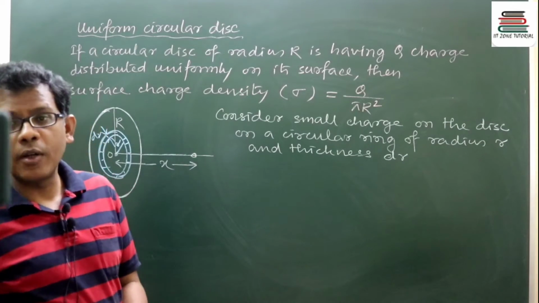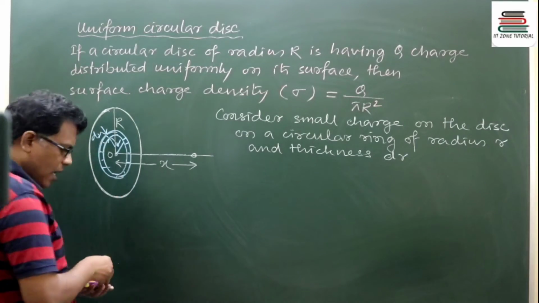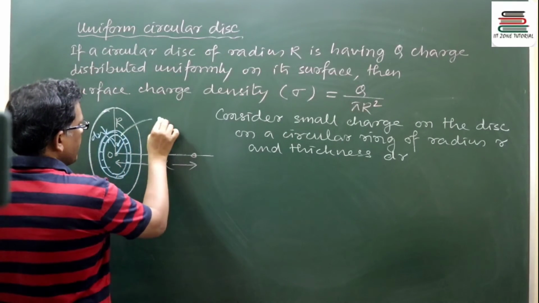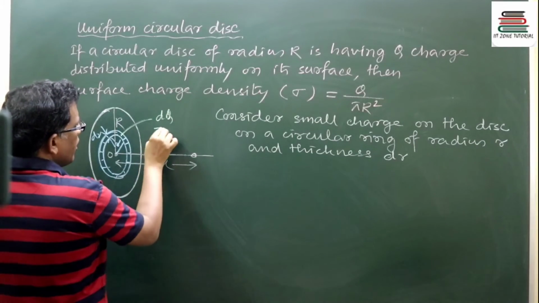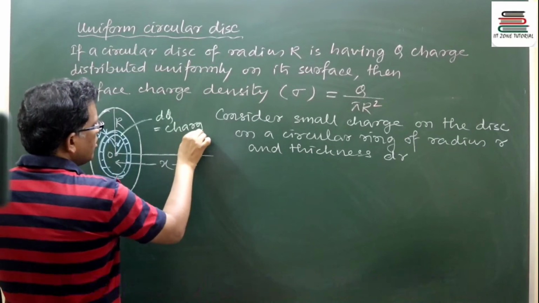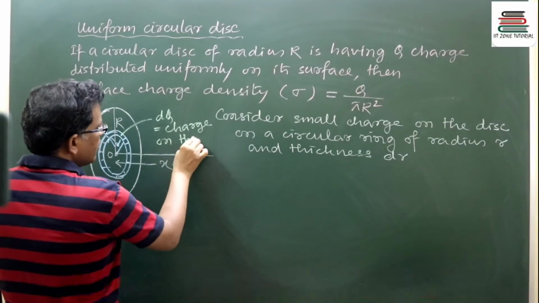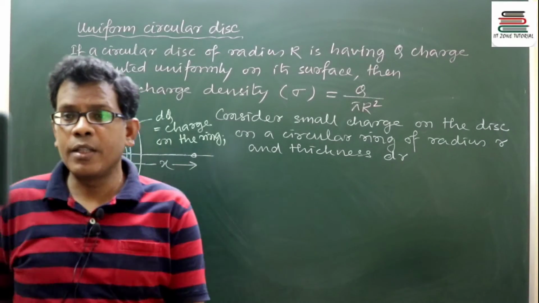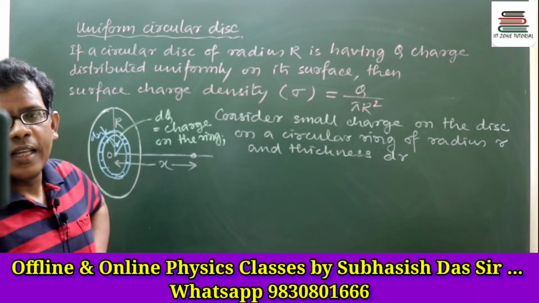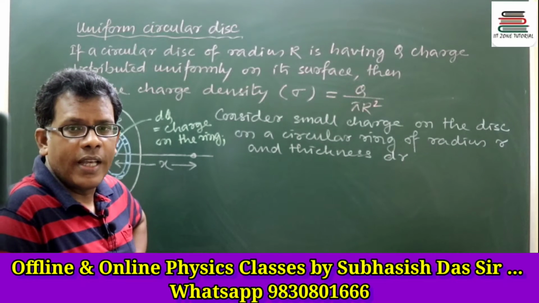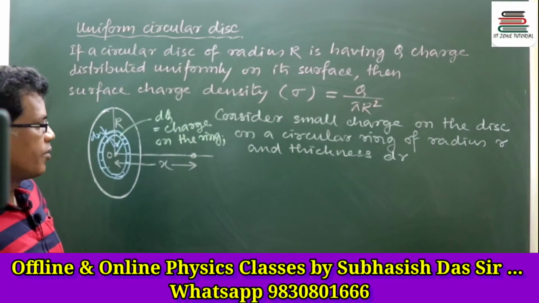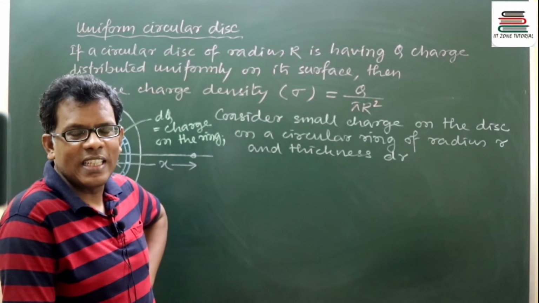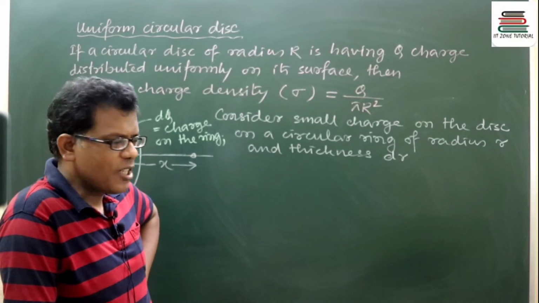So the charge that will appear on this ring, we can write down as dq. dq is the charge on the ring. Ring is an element body, the smallest part of the disc having small area, because we need to take small charge to define the electric field at a test charge position.